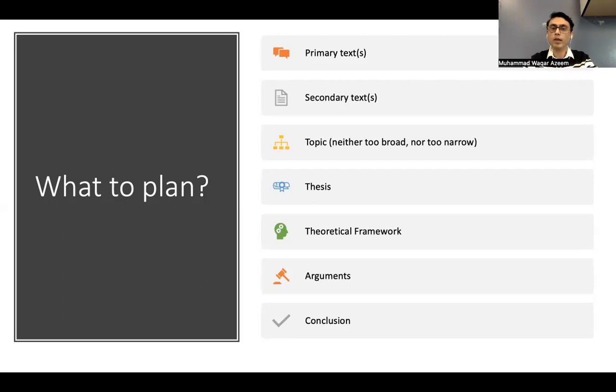Even if that outline is very shallow at this stage, too skeletal at this stage, unless you have this outline, you will not have any flesh to fill in this skeleton. So I would suggest you start planning your academic paper along these points in the form of an outline.